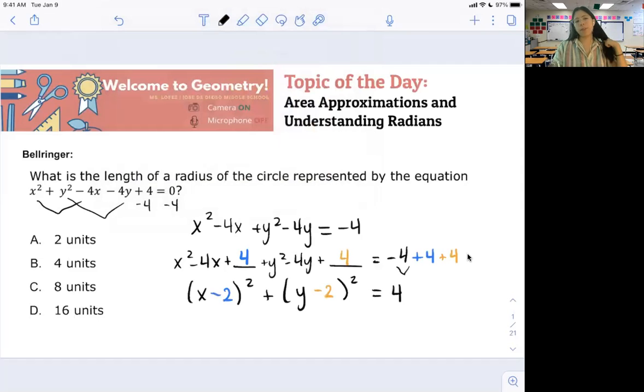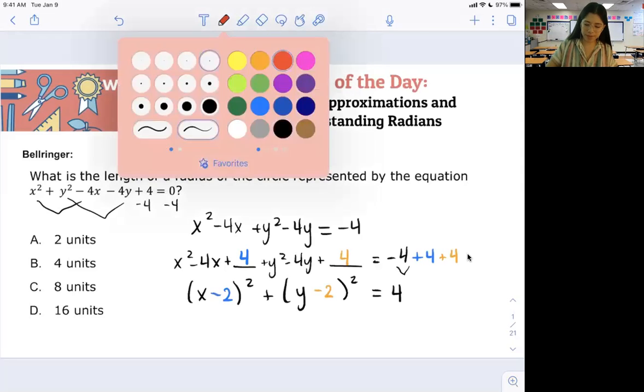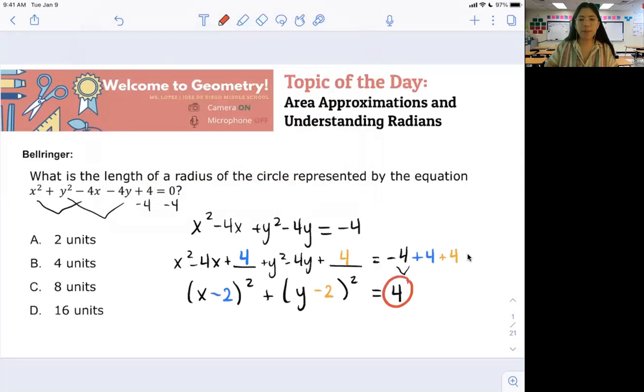So how do I go from there to find my radius? Which of these numbers is representing my radius? The 4. But you have to remember to take the square root of that, because this right here, that's r squared.